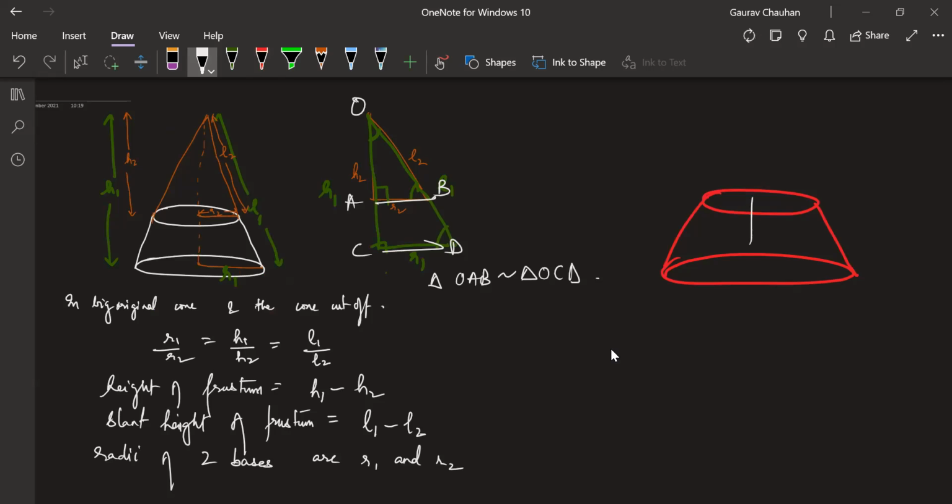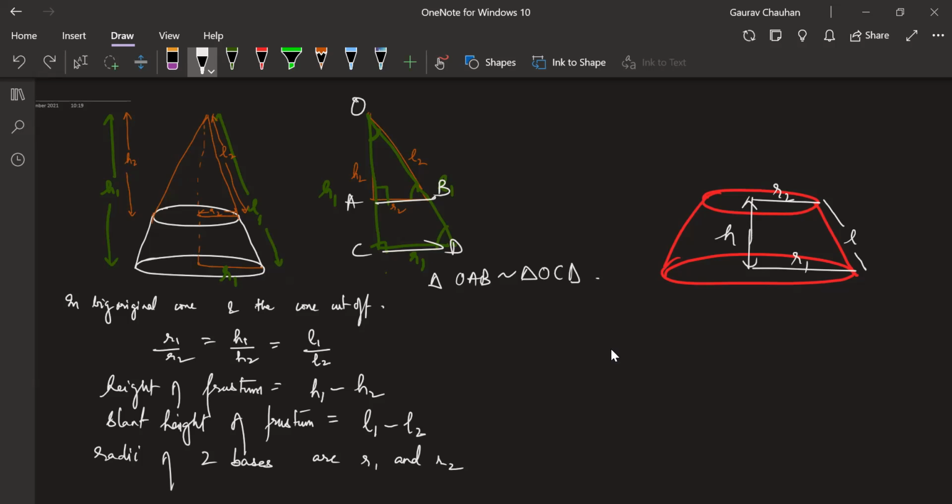H is H1 minus H2, already very clear. You have one radius here, R1, and let's call the smaller radius R2. This is also clear. The trick is, how do we find L? L1 minus L2 is there for sure, but L1 and L2 will usually not be given. So how do we find this L?